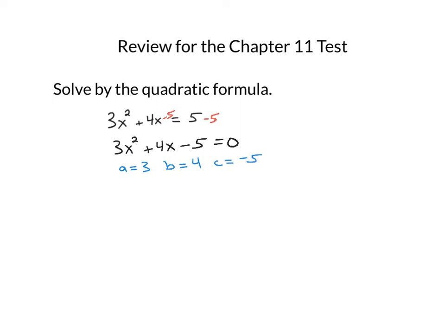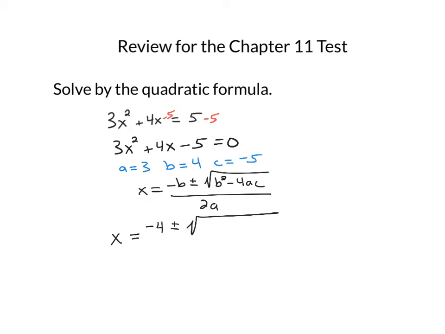Now the quadratic formula is x equals the opposite of b plus or minus the square root of b squared minus 4ac, all over 2a. So I just need to put my numbers in. The opposite of b, the opposite of 4, is -4, plus or minus the square root of b squared, 4 squared is 16, minus 4 times a times c, all over 2 times a.